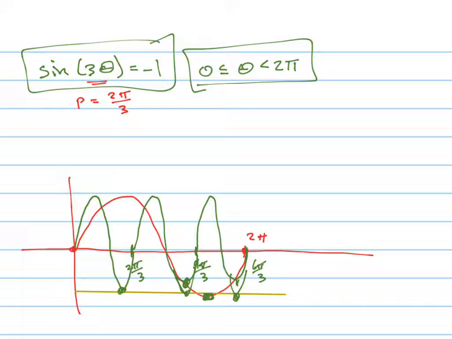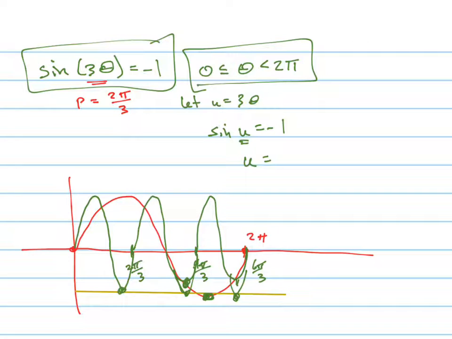So how do I do that? I like to use u substitution. I like to say let u equal 3 theta. Okay, so let's rewrite this. Where is the sine of u equal to -1? What would u have to be for the sine to be equal to -1?